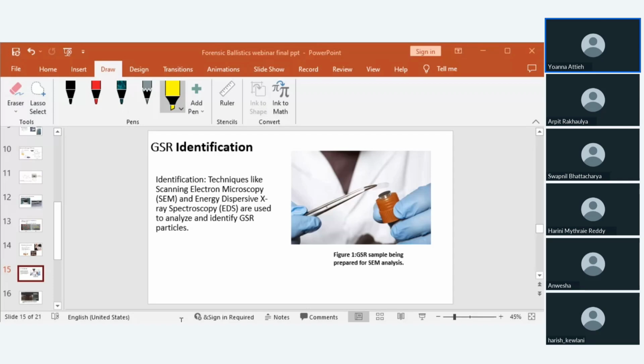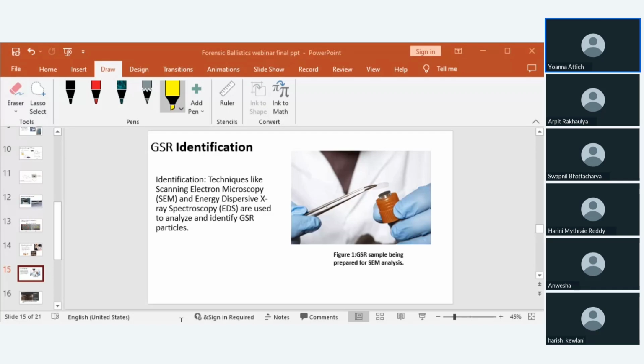It also incorporates energy dispersive X-ray spectroscopy, known as EDS. I don't know if you heard about it. The EDS enables elemental analysis of the particles. So we're going to illustrate the SEM and EDS deeply.